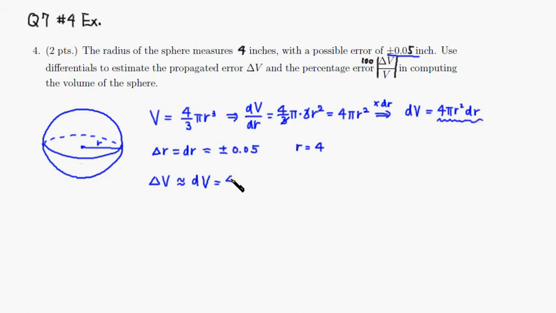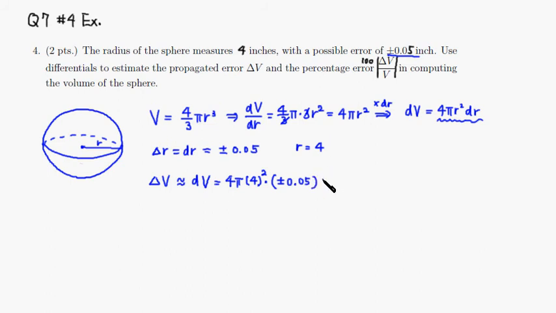dV is given by the formula right here, so just plug in the given values. You have 4 pi, then r squared, so 4 squared, and a dr. So dr is plus or minus 0.05.